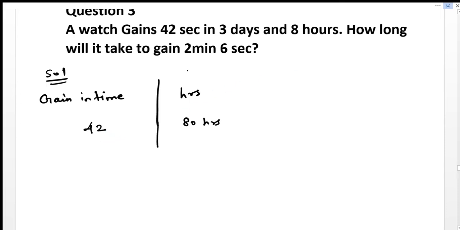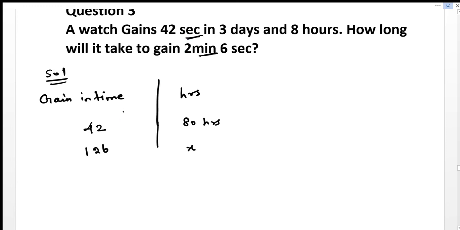How long will it take? Therefore here x: how long will it take to gain 2 minutes 6 seconds. Convert it into seconds. For a minute 60 seconds, 2 minutes 120 seconds, 120 plus 6, 126 seconds. Here a minute is given, so we have to convert into seconds, into the same units.